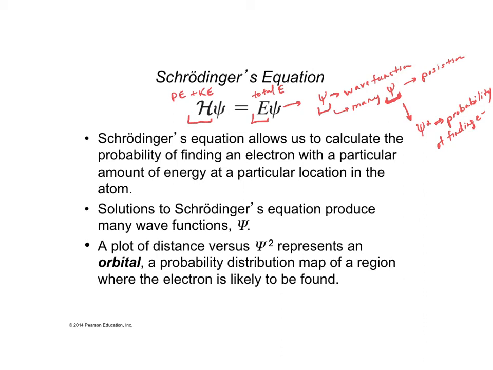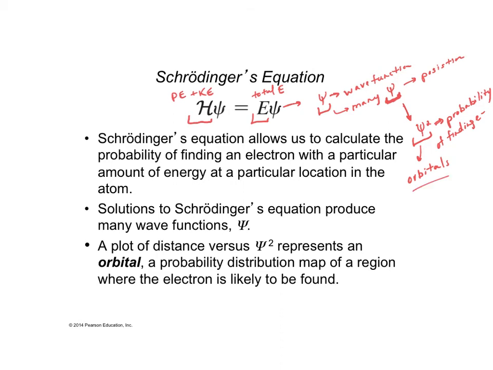So this psi squared, again, we have many different possible solutions for this, and what we're going to call these are orbitals. So this is kind of a misnomer. It goes back to this idea behind the Bohr radius and this electron orbiting. Again, it's just kind of stuck.